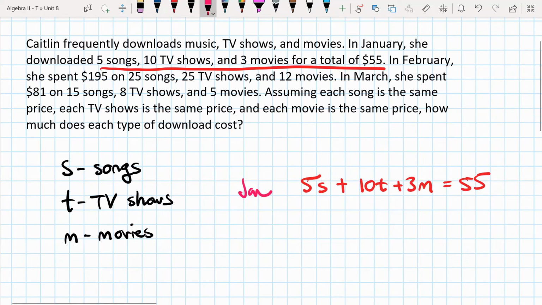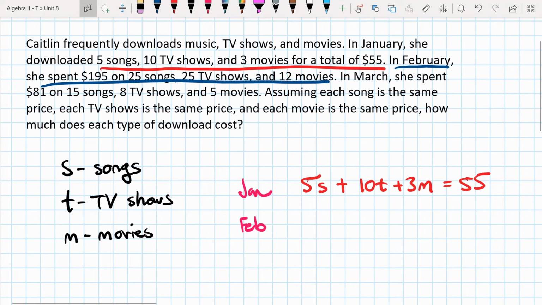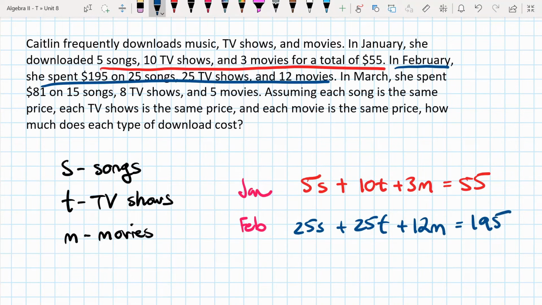Second month, February. She spends $195 on 25 songs plus 25 TV shows plus 12 movies equals $195.